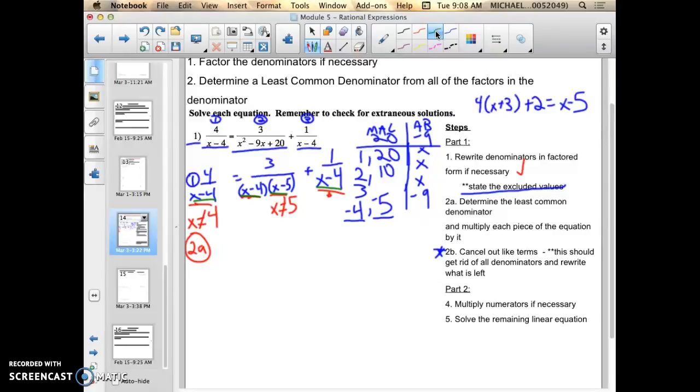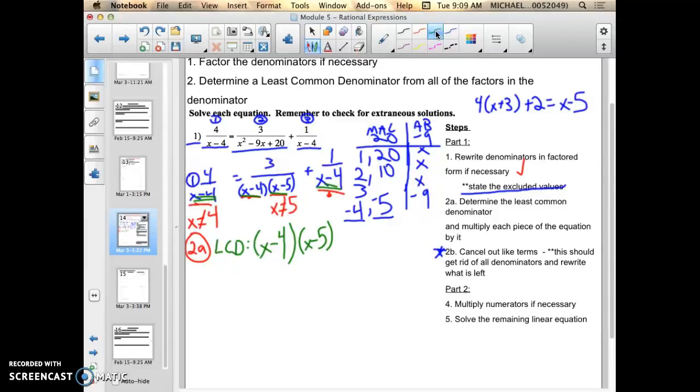But if it shows up more than once, I only have to write it one time. So if you notice, x minus 4 shows up 3 times, but in my least common denominator, I only have to write it one time. Because what's in common in my denominators is x minus 4 three times, and then the other piece, x minus 5, also exists there.